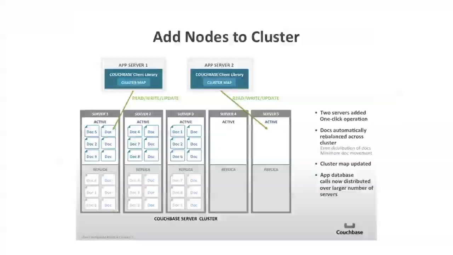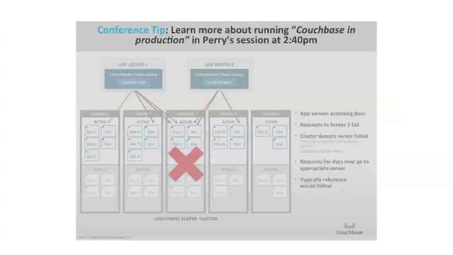And then bad things do happen, unfortunately. So what happens in that case is you can either perform an automated failover, where the cluster itself, within 30 seconds, will basically notice that a node is down and will fail over the node, promoting the replicas. You also have the option of doing manual failover.